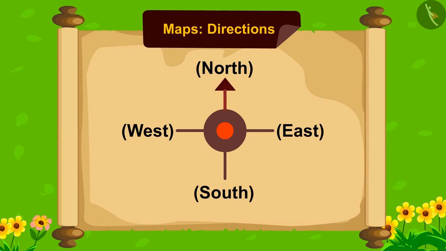There is an arrow like this on it. The head of it always points towards the north, and the end towards the south. Towards the left of north is west, and towards the right is the east direction.